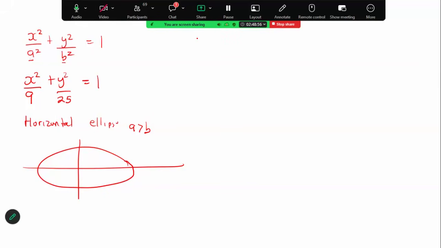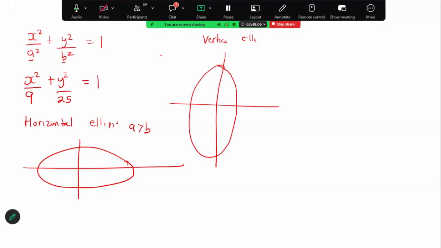Then there is the vertical ellipse, because next time they may tell you to sketch it. A vertical ellipse will look like this. You look at a and you look at b. Whenever the value of b is greater than a, then it's going to be our vertical ellipse. Now, if I may ask in the chat, what kind of ellipse do you think we are going to get?